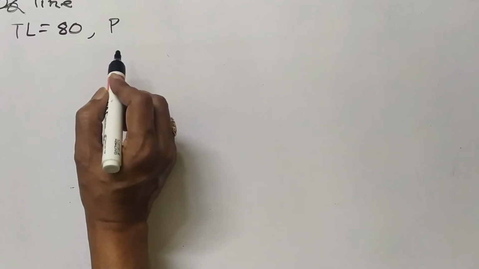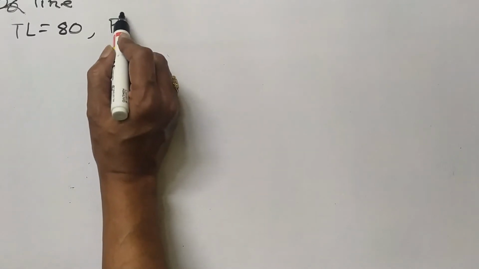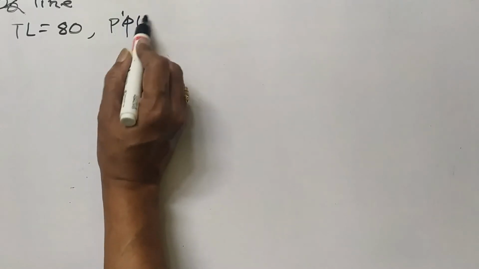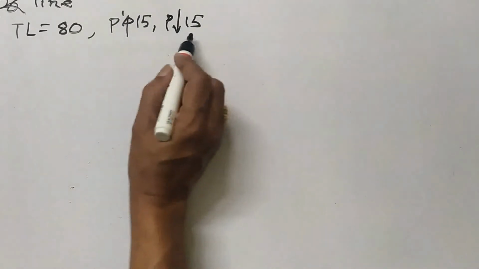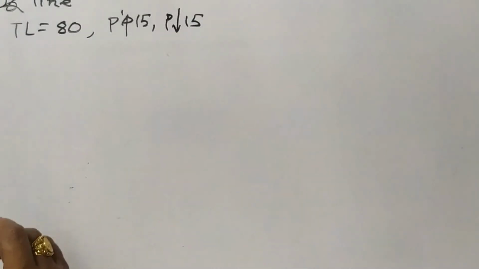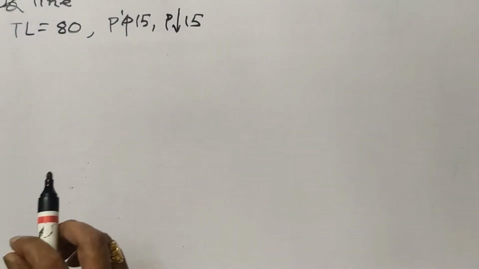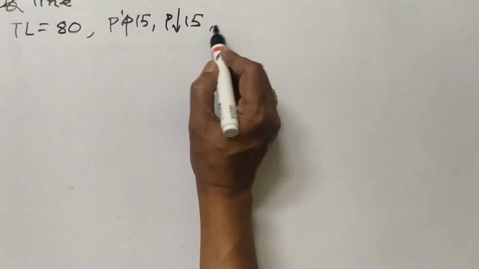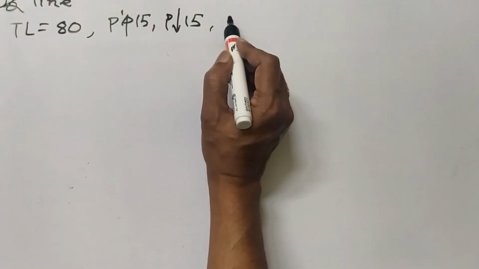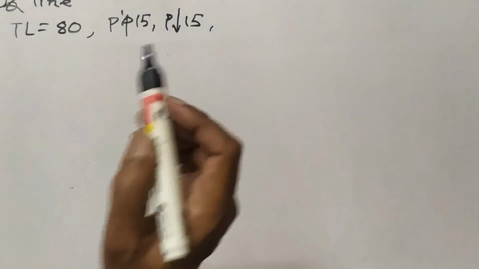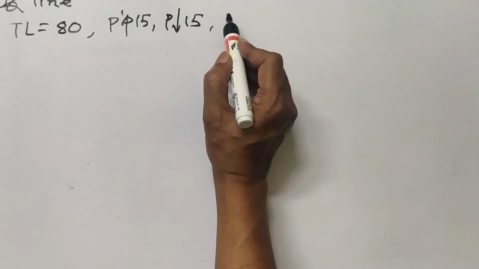So 15 mm from both HP and VP means P dash is 15 mm and P is 15 mm below. So from both planes P is 15 mm and the end Q is 40 mm above HP and 50 mm in front of VP.